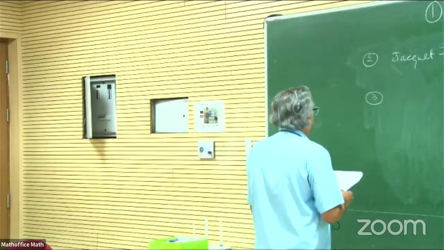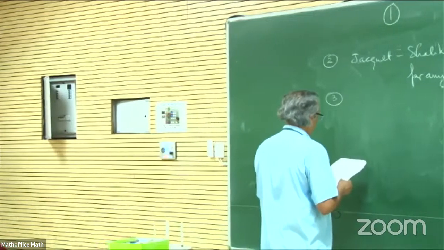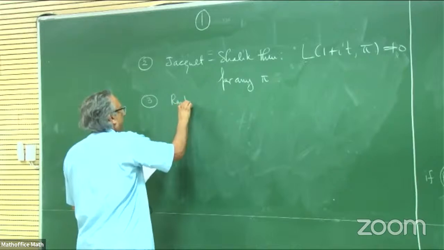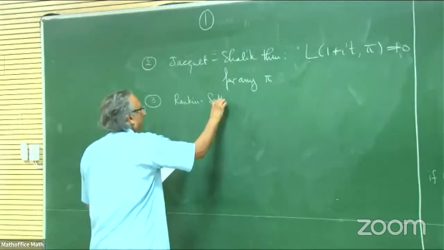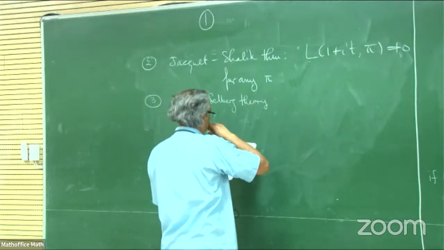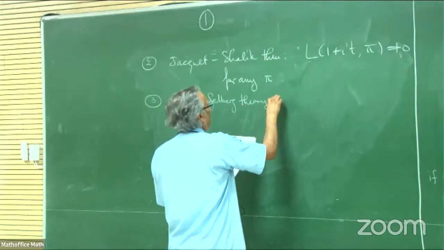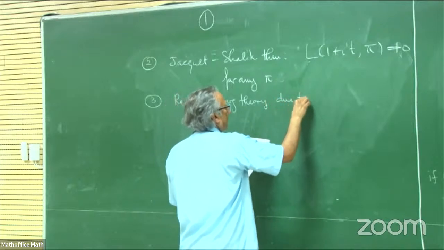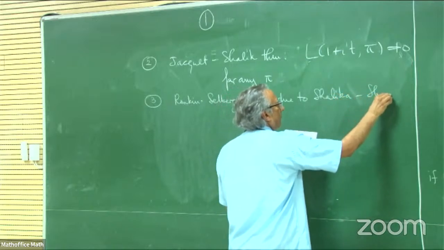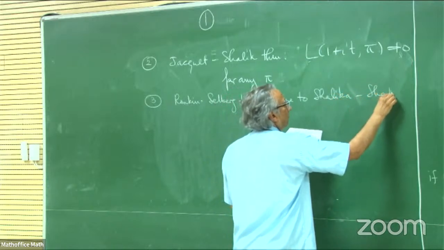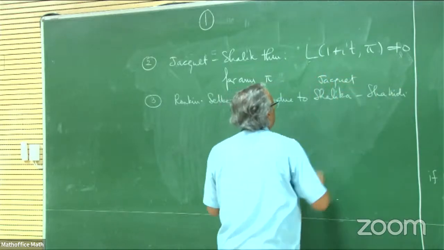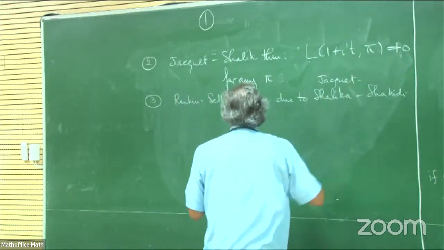However, there's a famous theorem, called Rankin-Selberg theory, due to Shalika and Shahidi. Okay, Jacquet should probably be in here as well. Jacquet, Shalika, and Shahidi.